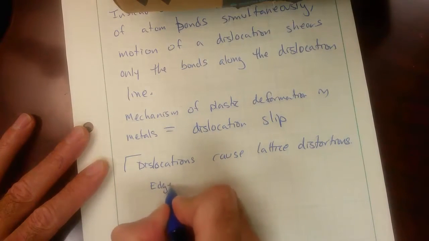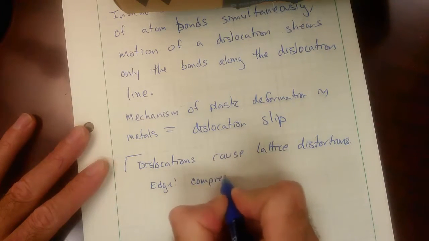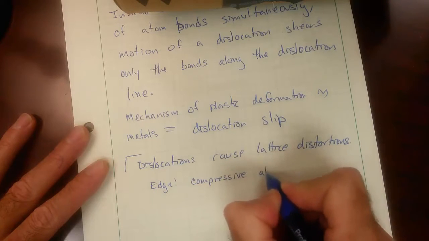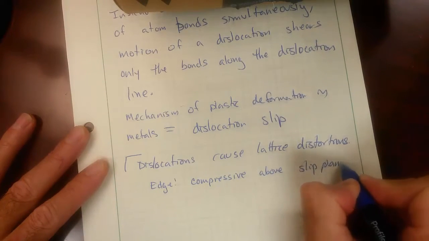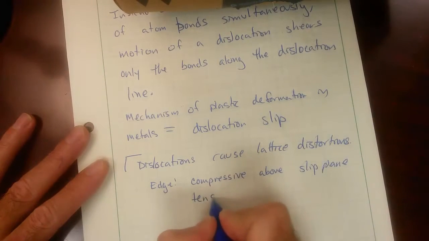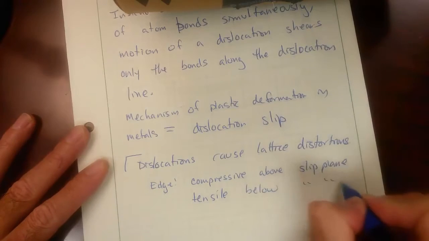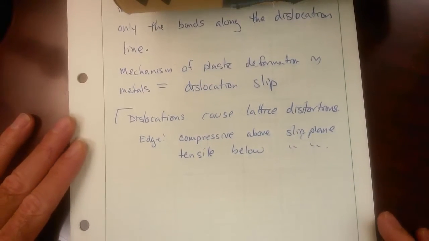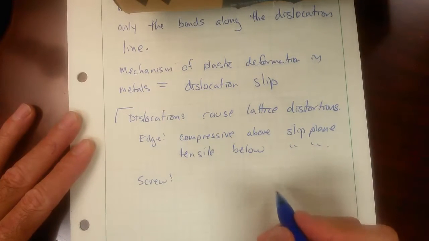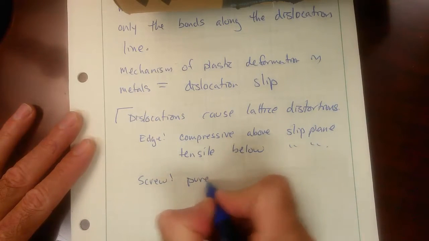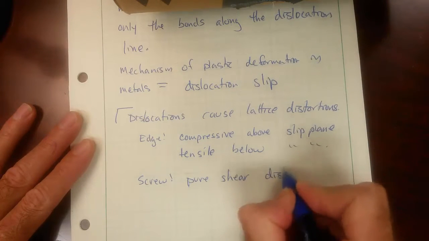For an edge dislocation, these are compressive above the slip plane and tensile below the slip plane. In a screw dislocation, these distortions are pure shear.